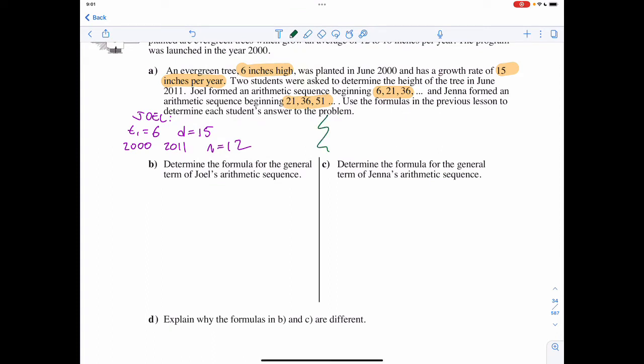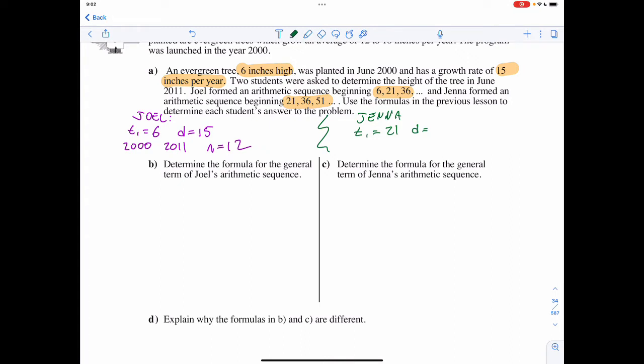For Jenna, she said that the first term was going to be 21 because for Jenna, she didn't start calculating until after the first year of growth.